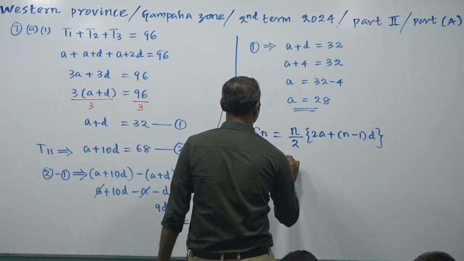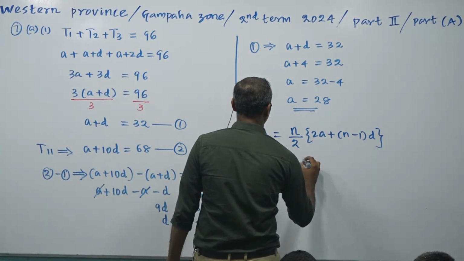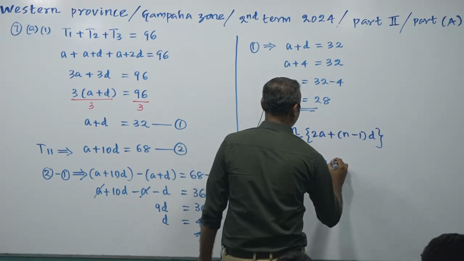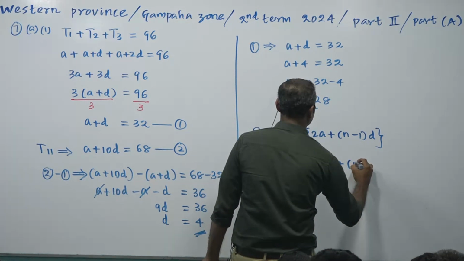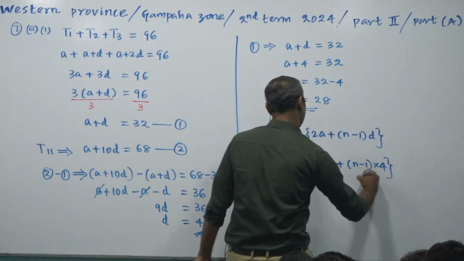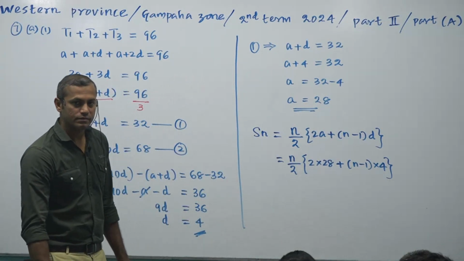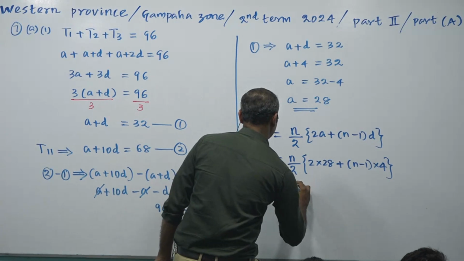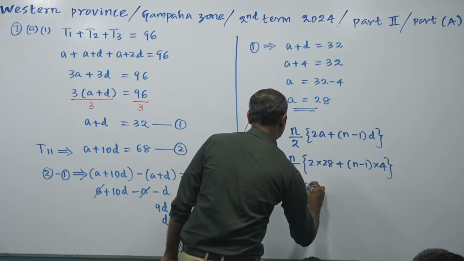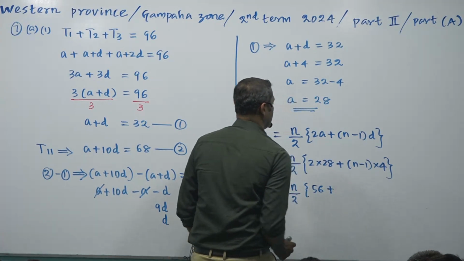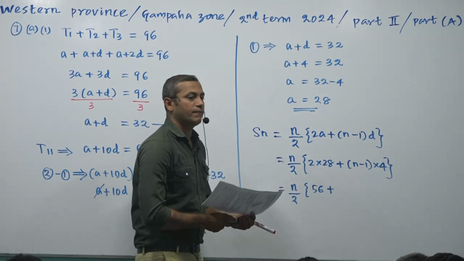Substitute n divided by 2 into 2 into a, how much? 28 plus n minus 1 into d, how much? 4. Okay. Then 2 into 28, how much? 56 plus.